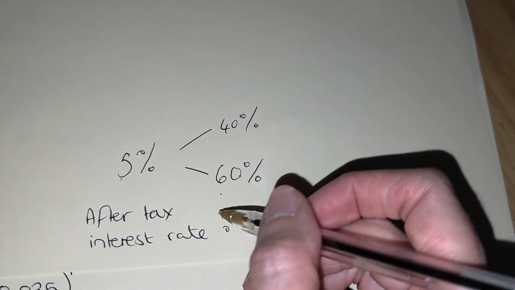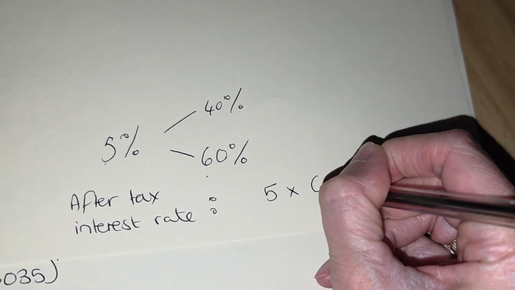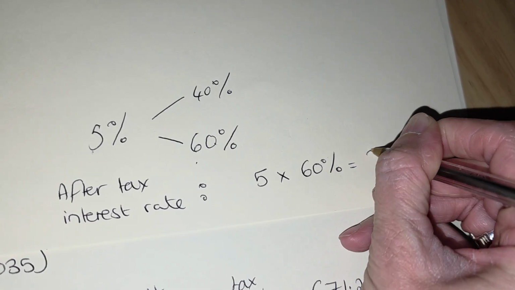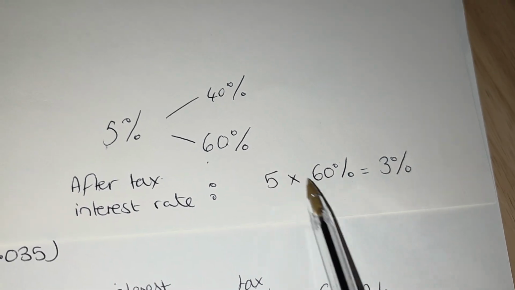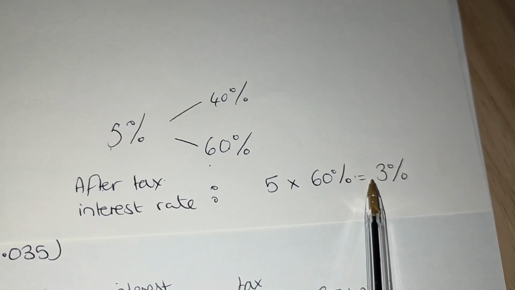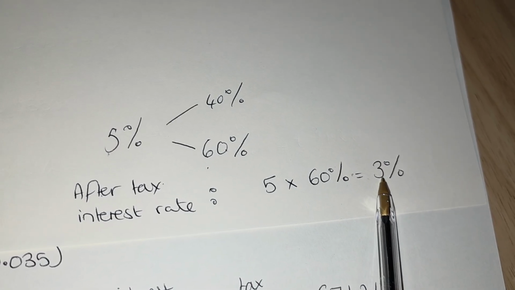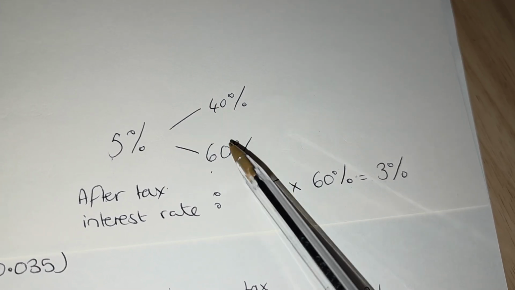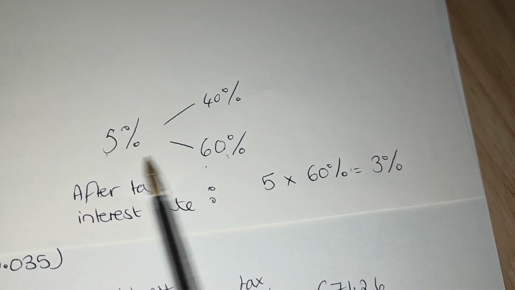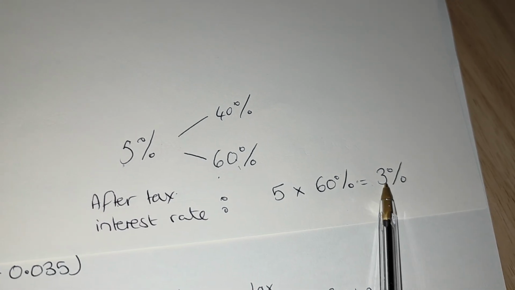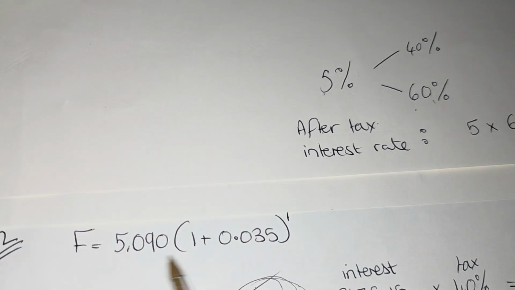So 5 multiplied by 60% will give you 3%. So after tax, the interest rate that you'd actually get to keep would be 3%, and you could just work with that figure instead. Government gets 40%, you get to keep the other 60% of your interest. So you could work that way, and then you could just use 3% in your compound interest formula.